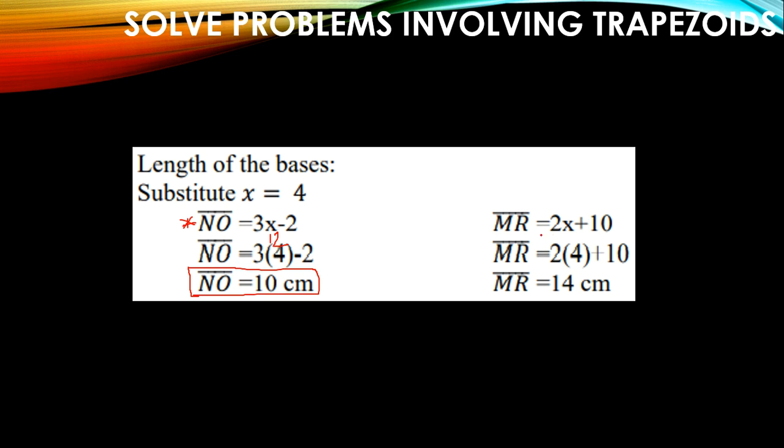Then, MR equals 2x plus 10. Again, kung unsa atong gibuhat sa NO, mao sad atong buhaton sa MR. Let's substitute the value of x which is 4, then solve. 2 times 4, that is 8. Then 8 plus 10, so 80 ni siya, no? Sayop to ni siya og type, no?